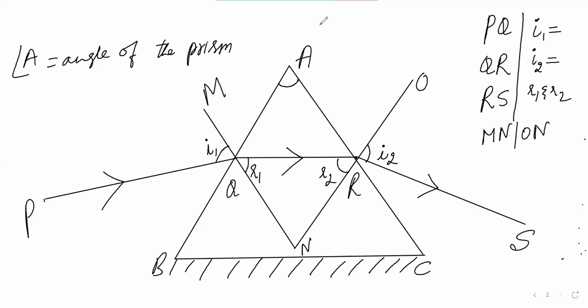Clear? So now just imagine there is no prism. If there is no prism, what will happen? Light would have gone in the straight path. Is it right or not? Light would have gone in the straight path, correct?